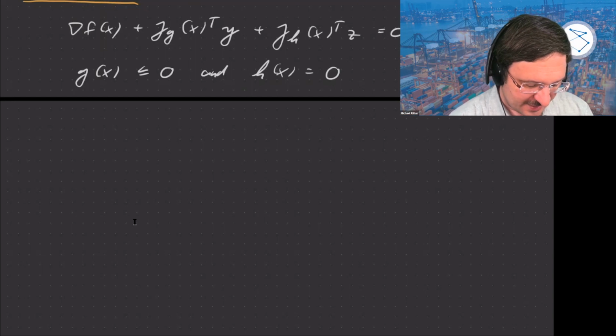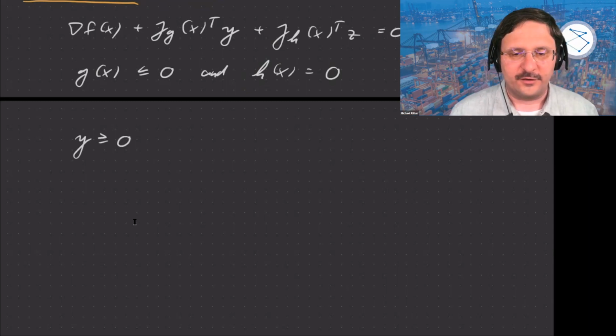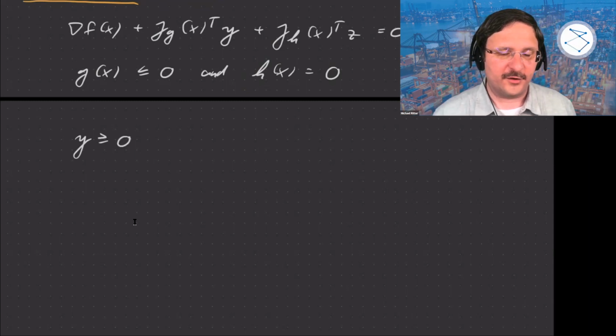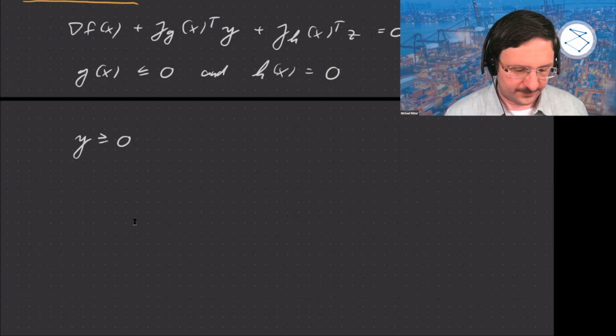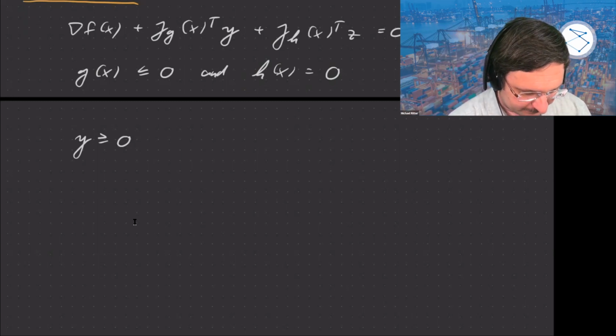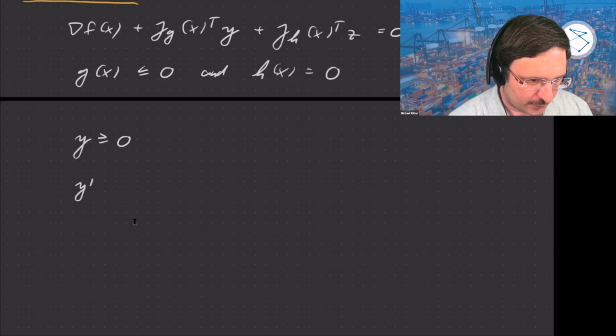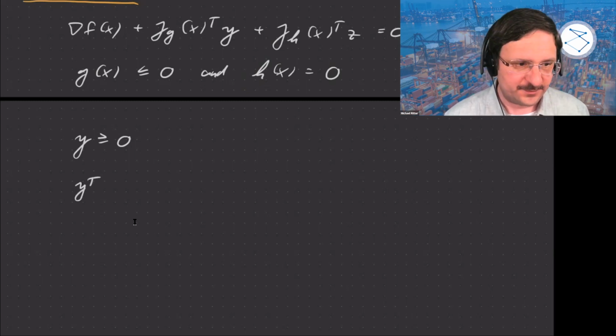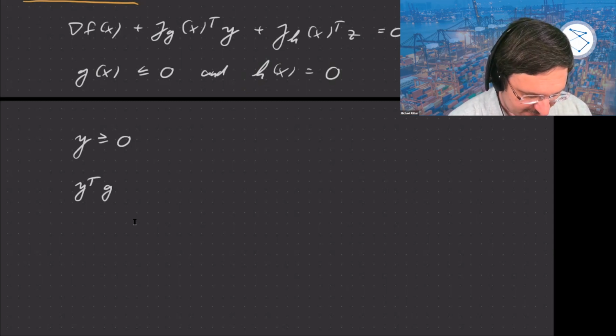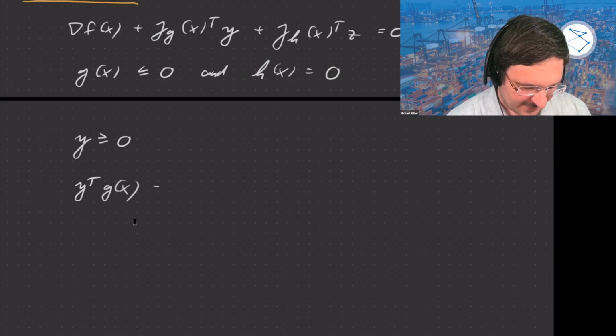First, the multipliers for inequality constraints need to be non-negative, so the vector of multipliers is non-negative per component. And second, the so-called complementarity condition: the multipliers transposed times g is 0.